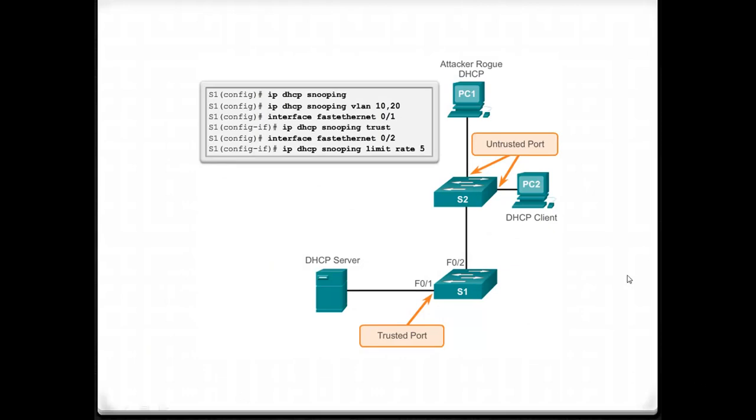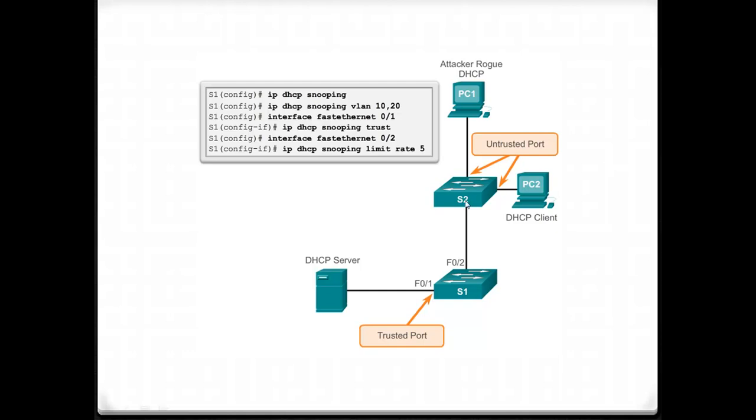In this example here, we have our trusted DHCP server on FastEthernet 0/1 of switch 1. FastEthernet 0/1 on switch 1 and FastEthernet 0/2 on switch 2 should be trusted ports. These trusted ports either directly connect the DHCP server or are an uplink from one switch to the next to ultimately get to our DHCP server.